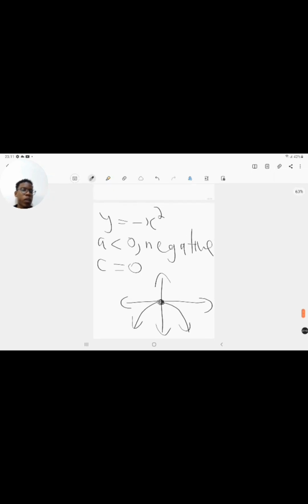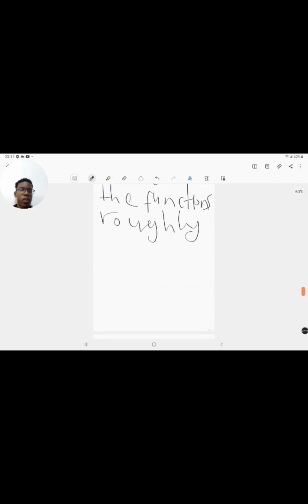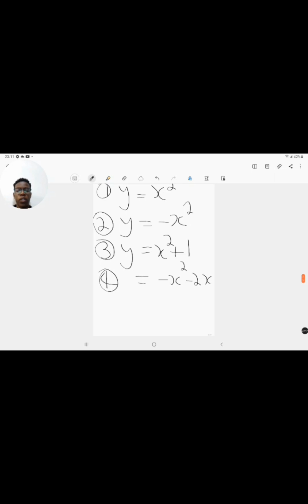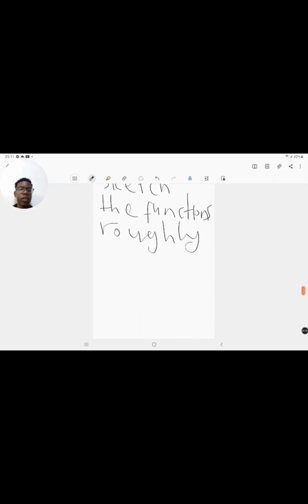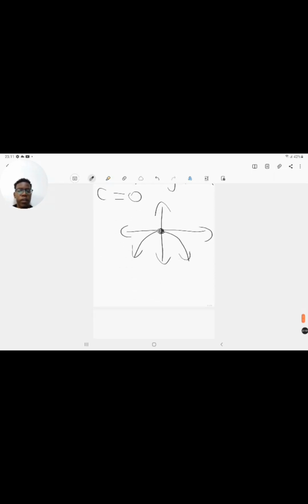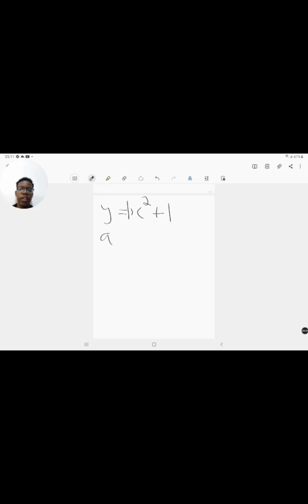Okay, so let's quickly do the next one. The next one is y is equal to x squared plus 1. Now a here is 1, right? A is equal to 1, so a is greater than 0 because 1 is greater than 0, meaning smiley face.